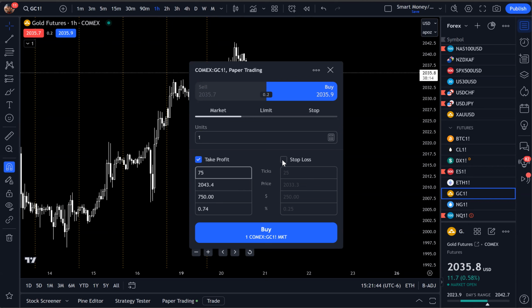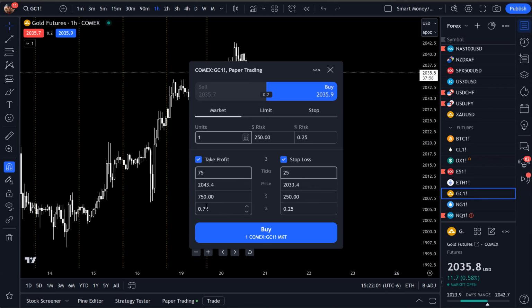Then you come over and you click stop loss. Same thing, you can set your ticks, how many ticks you want it to go for your stop loss, or you can set the price. And it shows you if it hits your stop loss, how much you would lose right down here.